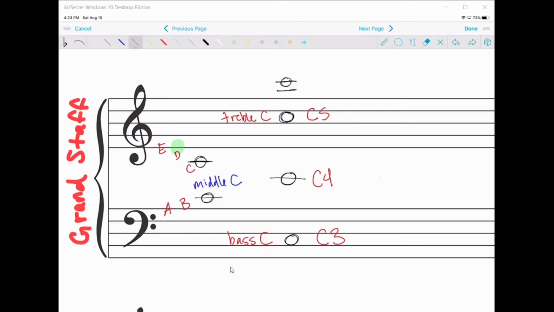And this one is called high C. So this is a soprano's high C, and we call that C6. And then down here on the bottom, just like a mirror image, the high C is 2 ledger lines above. The low C is 2 ledger lines below. So here is low C.